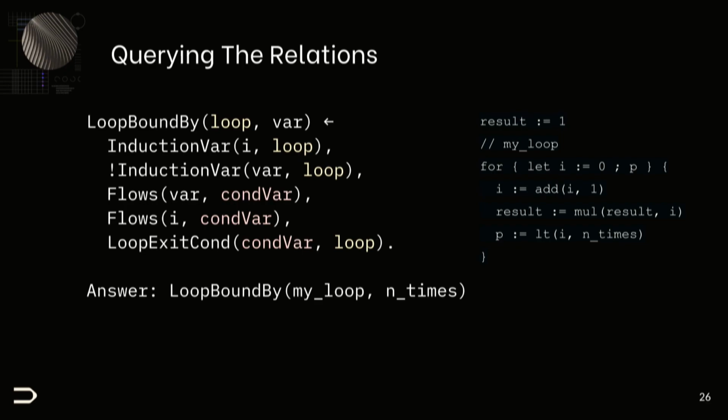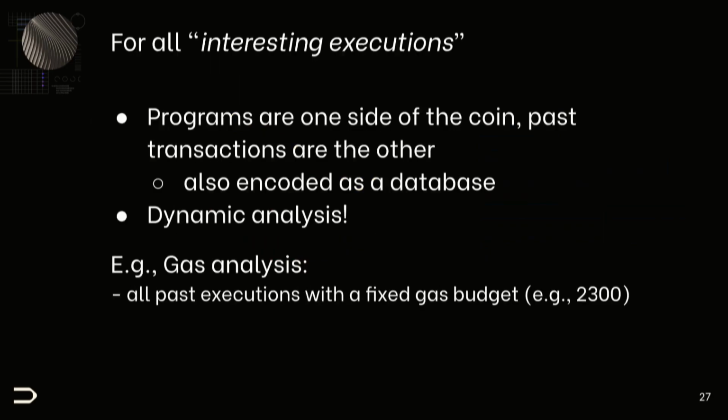And again, I'm not going to go into detail, but you get an idea of how we actually specify these algorithms from the little fragment on the left, which is a fragment of the query that we run on the database that represents the program. And then this will actually tell us, well, this program on the right has a loop, and it's bound by variable n times. OK, so this is how we answer the question of what is all executions.